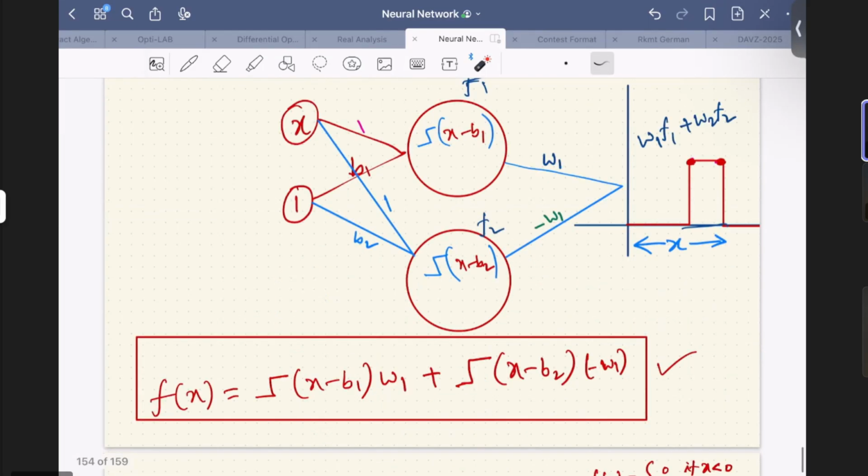Now the question is, how many neurons should I build for each rectangle, say for 1000 rectangles? How many neurons are required? I think, sir, if we want to create n rectangles, then n plus one neurons are required.